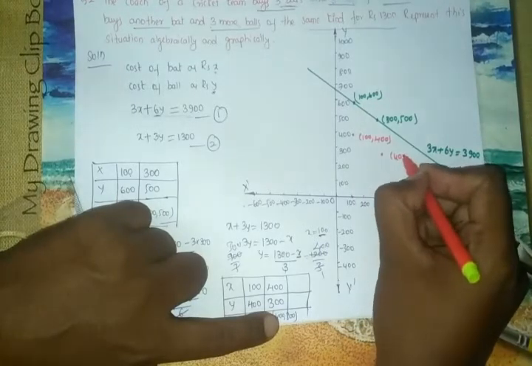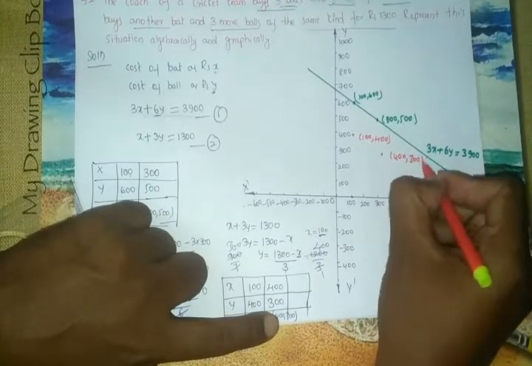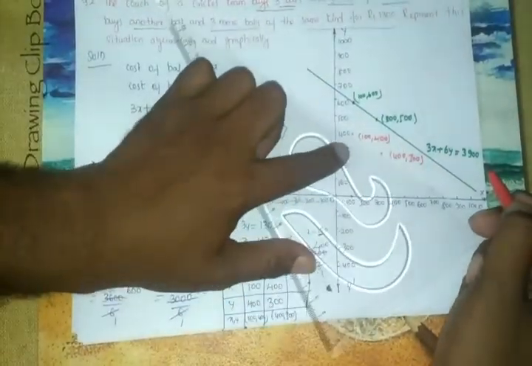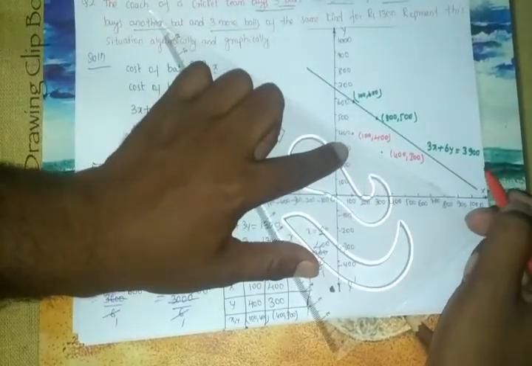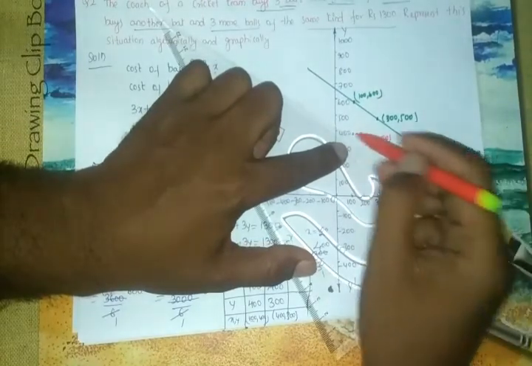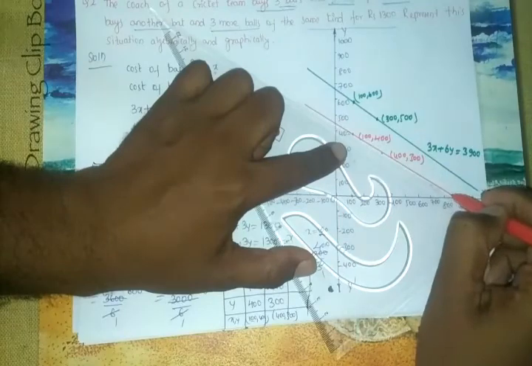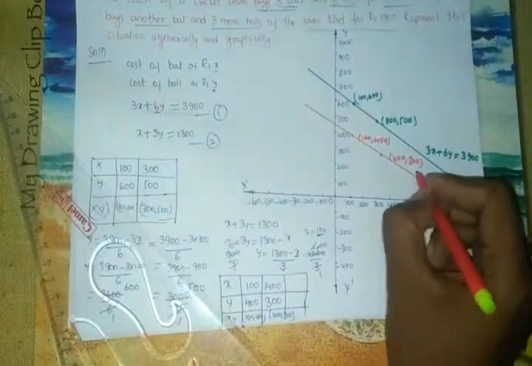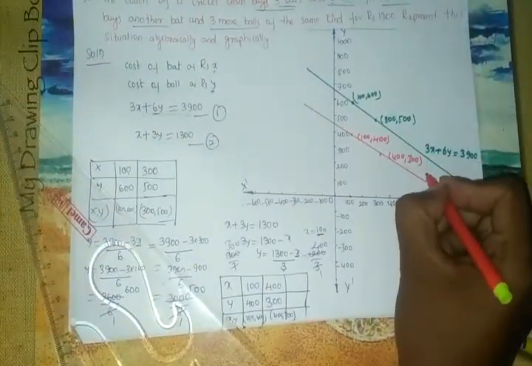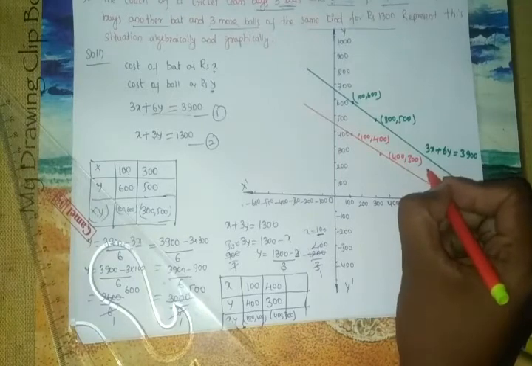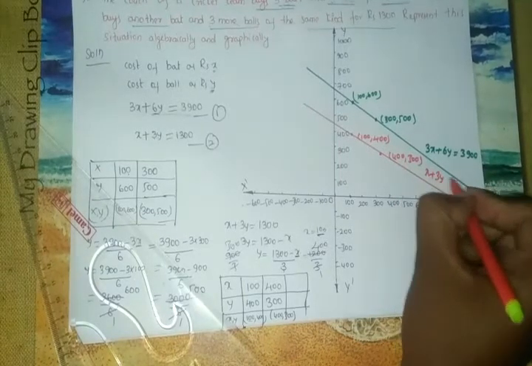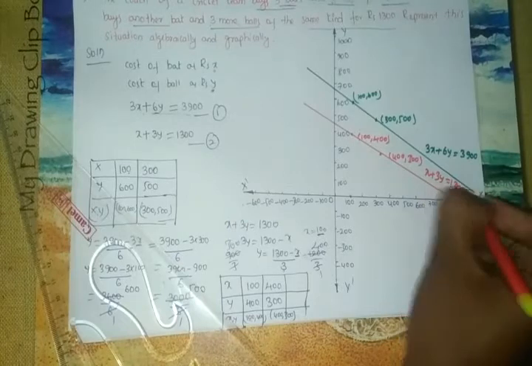Okay, 400 comma 300. Let me join these 2 points. This represents the equation x plus 3y equals 1300.